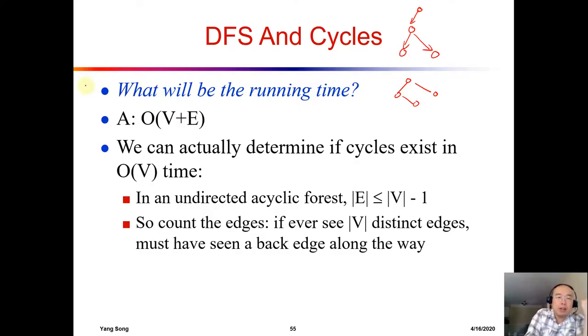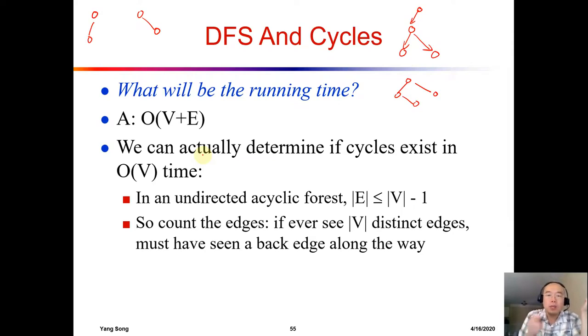Or if you want to do a forest, this is a tree, this is another tree. In this case, we have 4 nodes but only 2 edges, right? So even though we are modifying the DFS, if we are visiting more than V edges, it will guarantee that there is a cycle.